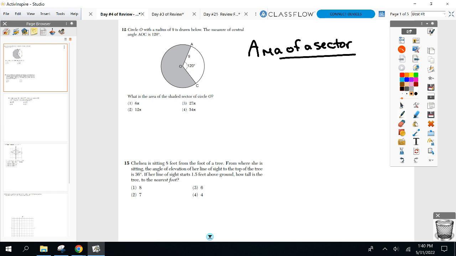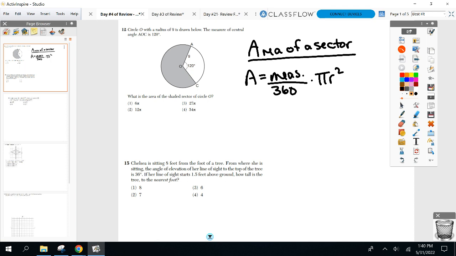Area of a sector equals measure of your arc over 360 times the area formula, pi r squared. That is the area in degrees of a sector, because I know there's a radians one.